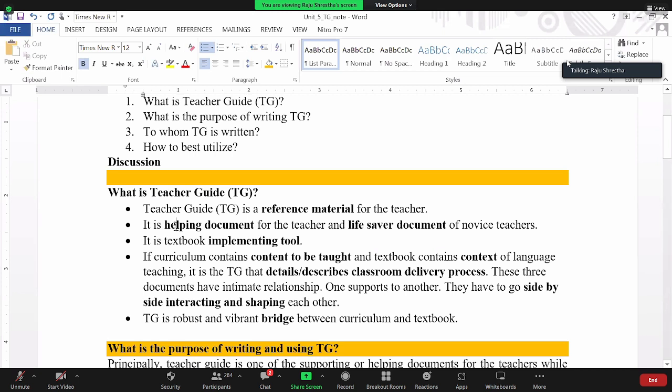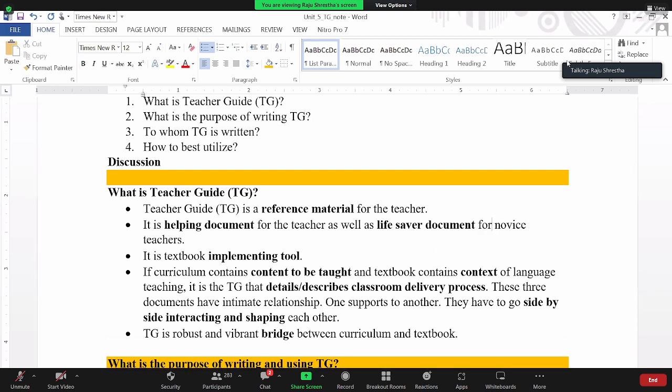So this is a helping document for the teachers, as well as a lifesaver document for novice teachers. For beginners without experience, this can be a lifesaver document. The teacher gets frightened, so feels very difficult to adjust, to be familiar with the students and to address their needs and interest.